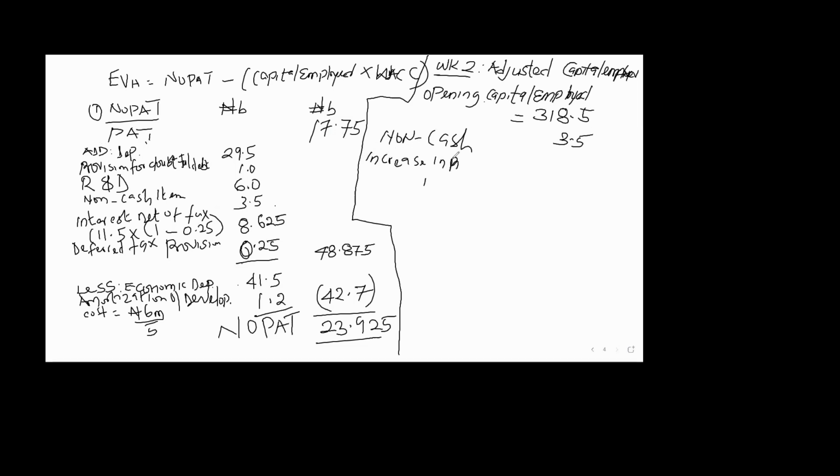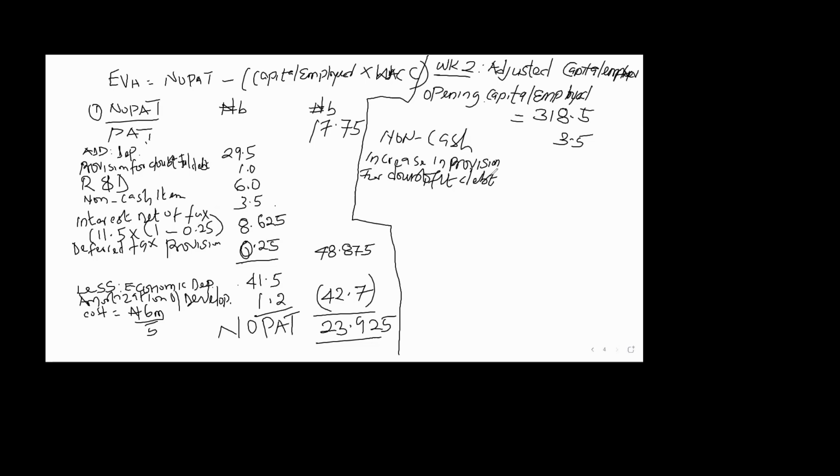Increase in provision is for doubtful debt too, because that one will affect your doubtful debt coming from trade debtors. That will affect your capital employed. Provision for doubtful debt. The examiner says, look at note number 4.